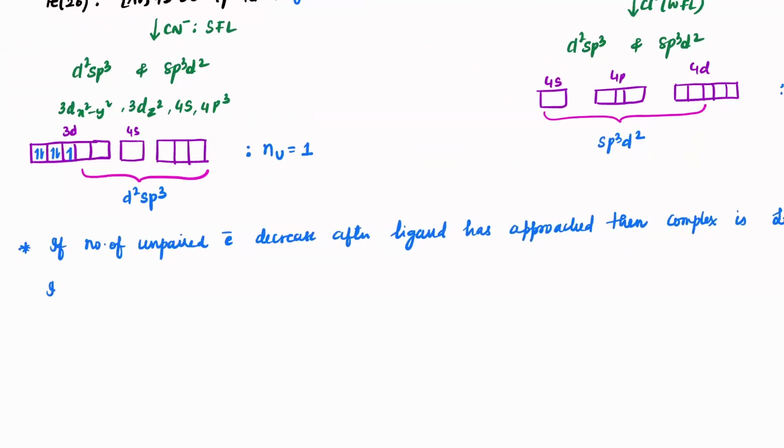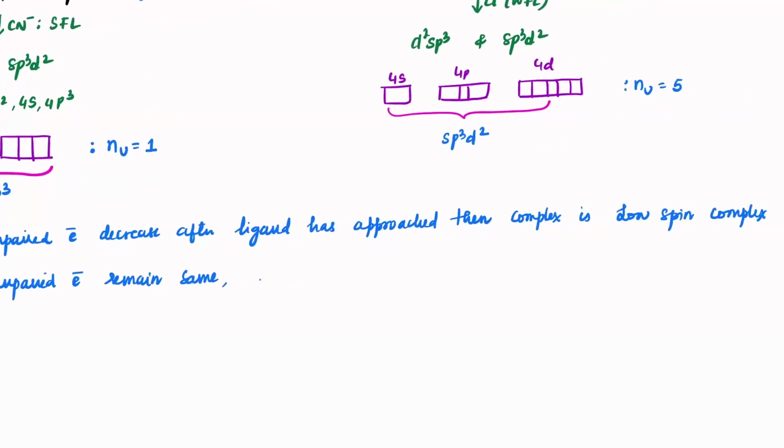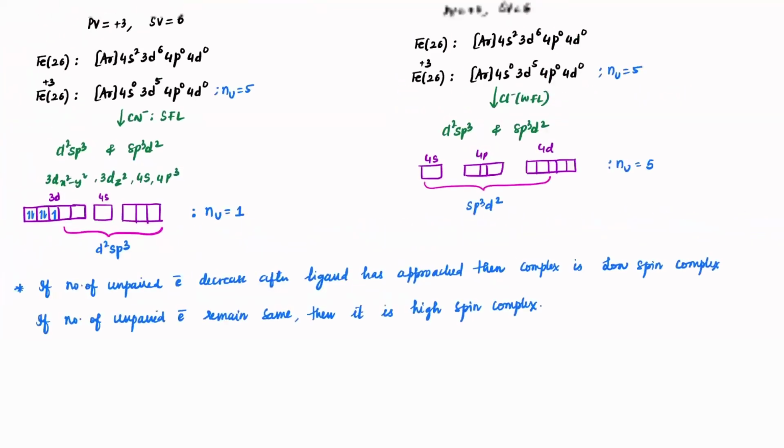While if the number of unpaired electrons remains the same, then it is called a high spin complex.